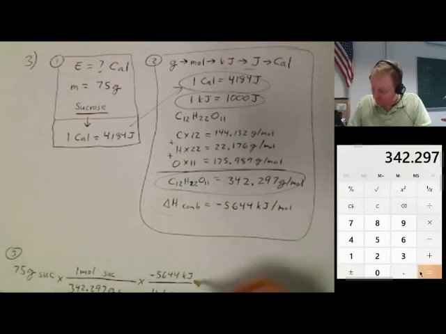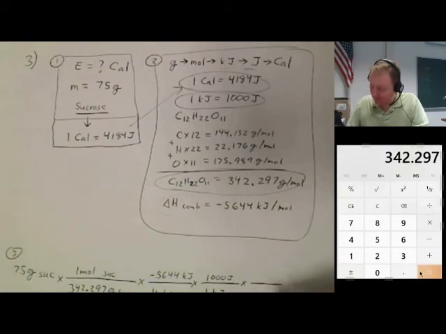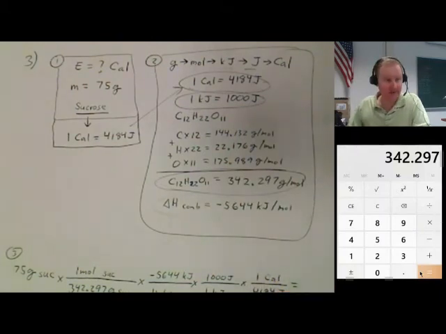And then we're going to go for every 1 kilojoule, there's 1,000 joules. And for every 4,184 joules, there is 1 kilocalorie, or in America we call it just a calorie.